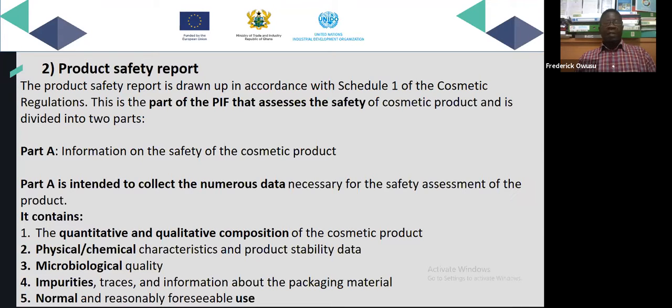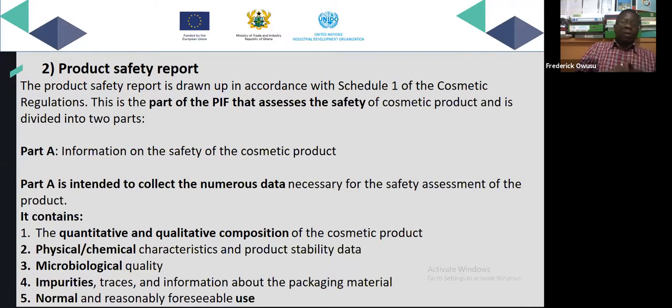It contains the quantitative, that is very specific, specify the volume, or the concentration, parts per million, whatever, the volume. And then the qualitative composition of the cosmetic product. So you have the quantitative and qualitative composition.